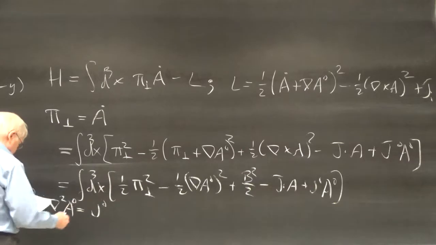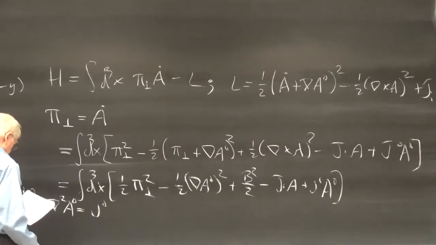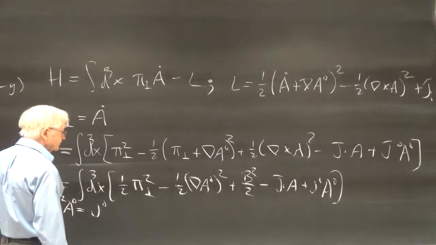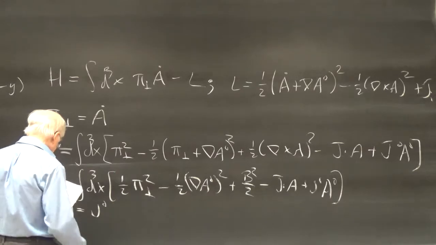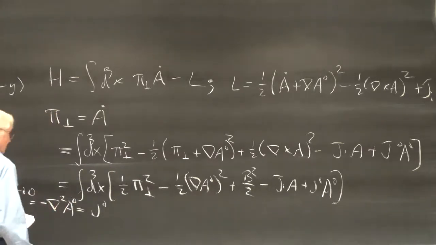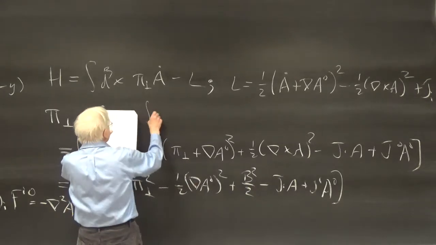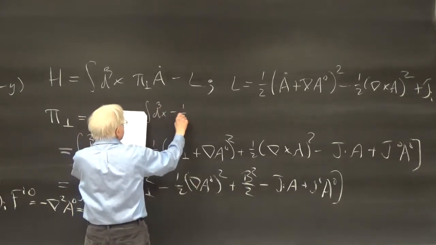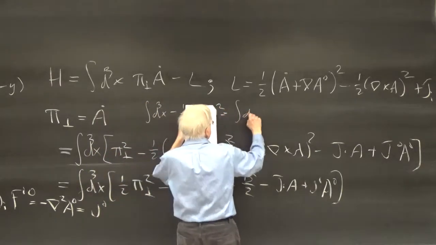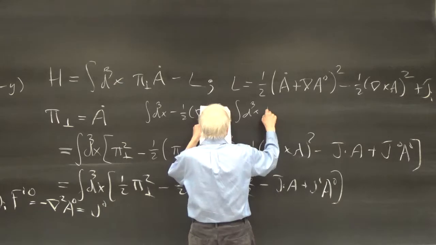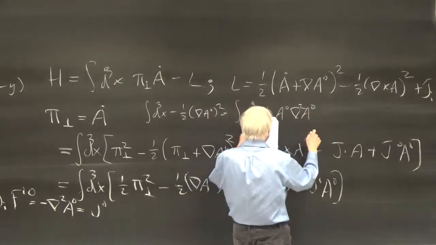And then this particular term is, all right, how did I write this? All right, here, I've got some space, so I'm going to write it here. Integral d cubed x of minus a half (grad A0) squared is integral d cubed x of a half A0 grad squared A0.